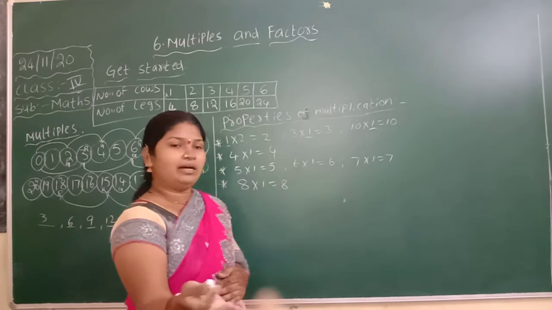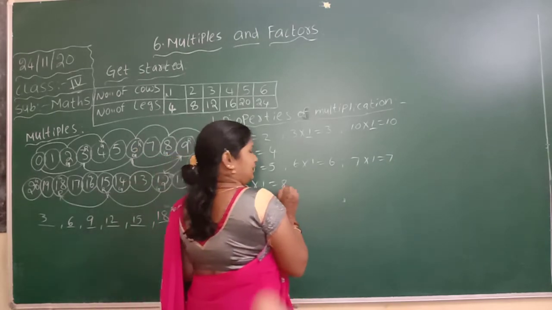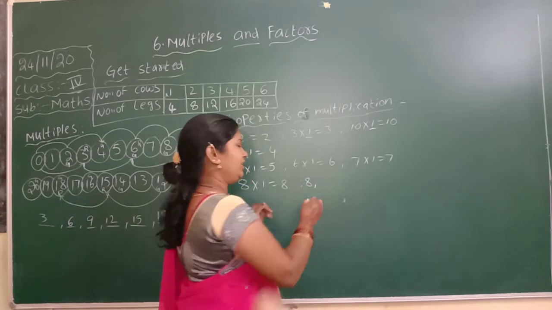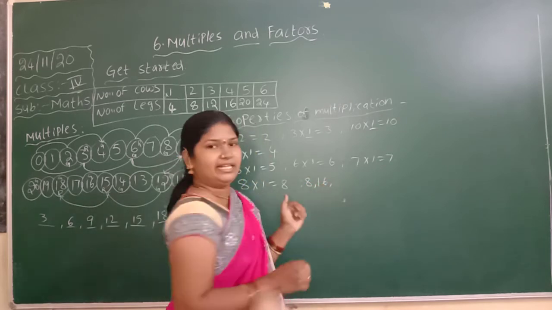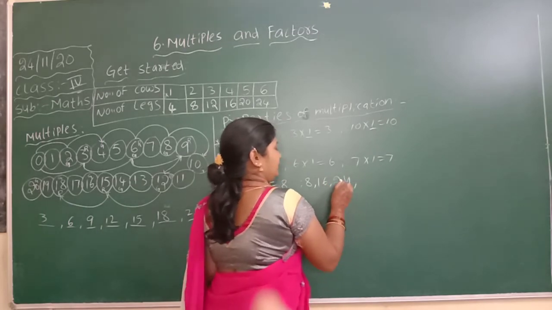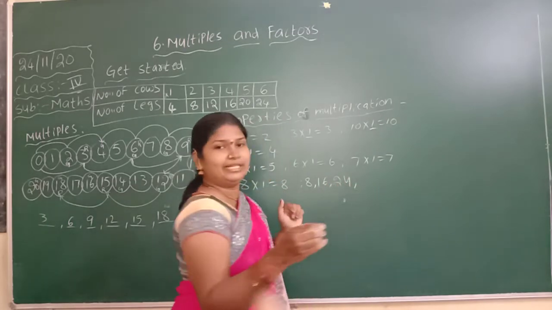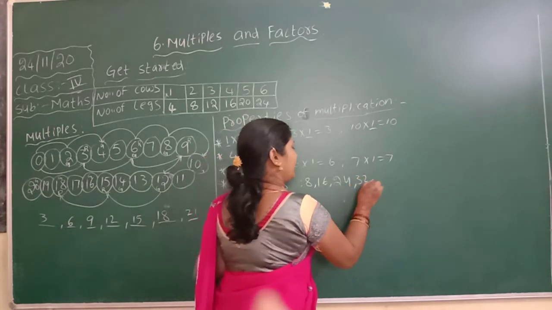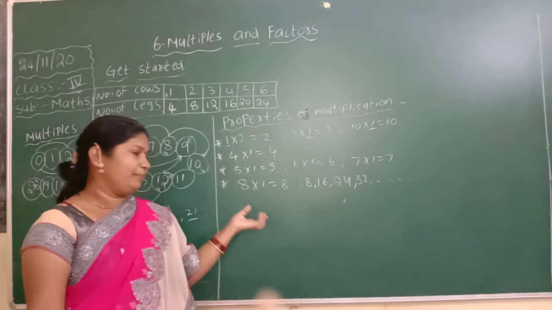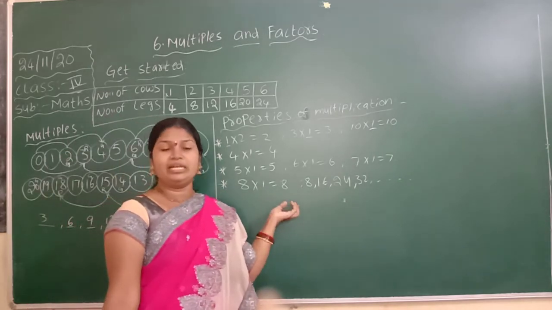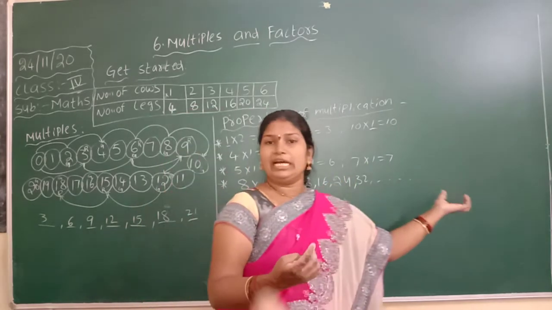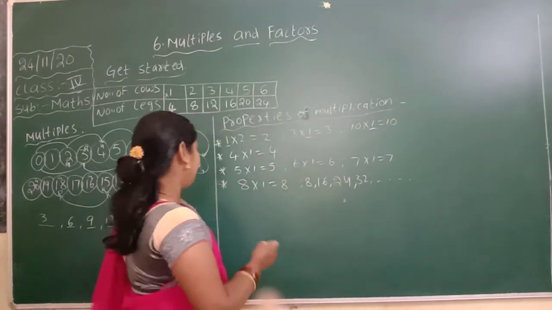Take the 8 table: 8 ones 8, 8 twos 16, 8 threes 24, 8 fours, how much? 32 and so on. If we take the 8 table, every number is a multiple of the number itself and the bigger numbers.